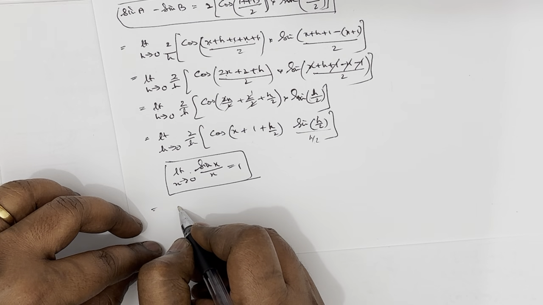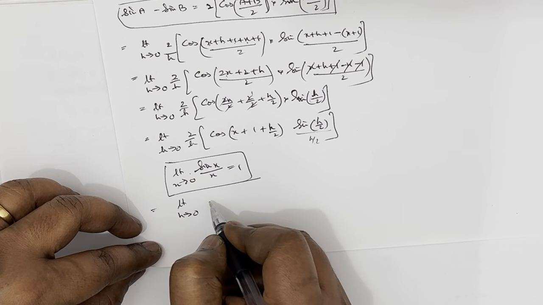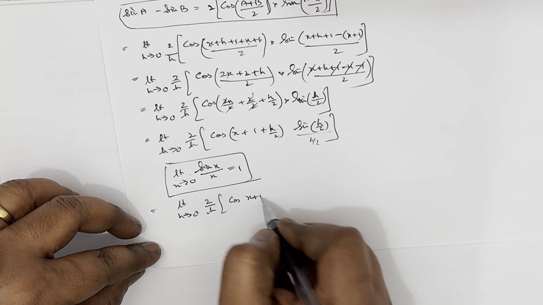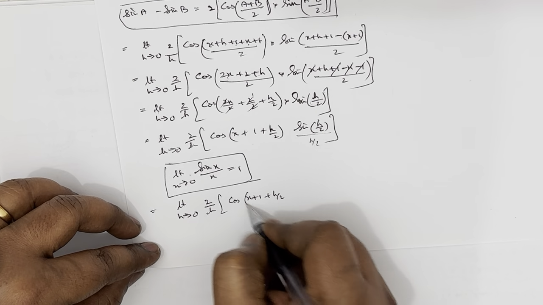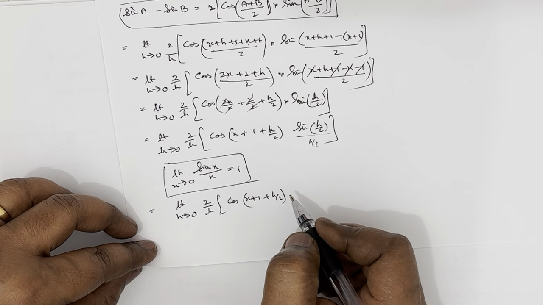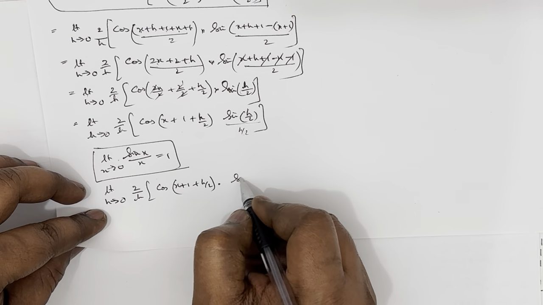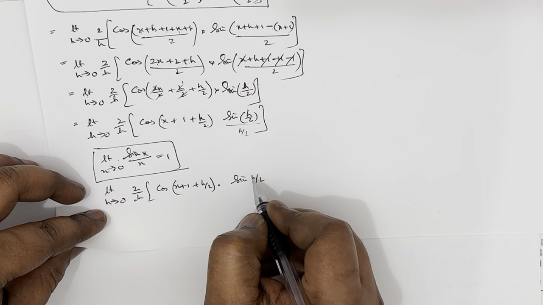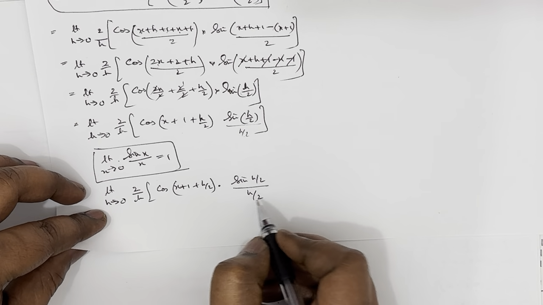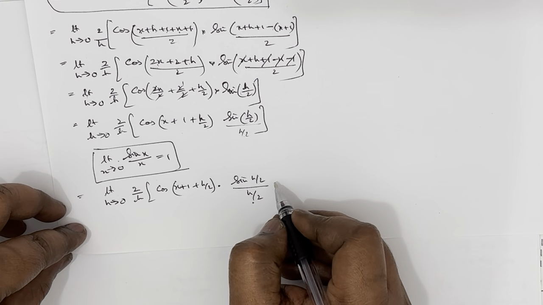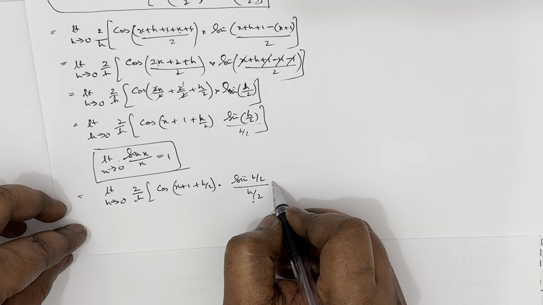So we can write limit h tends to 0, 2 upon h cos x plus 1 plus h by 2, multiplied by sine h by 2 upon h by 2. When we divide by h by 2, then we have to multiply it also by h by 2 to balance it.